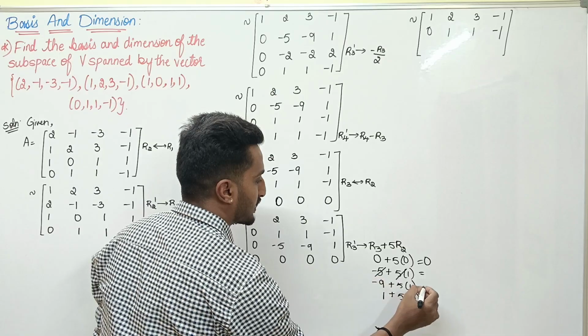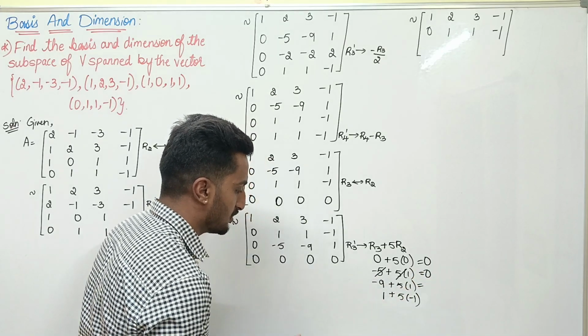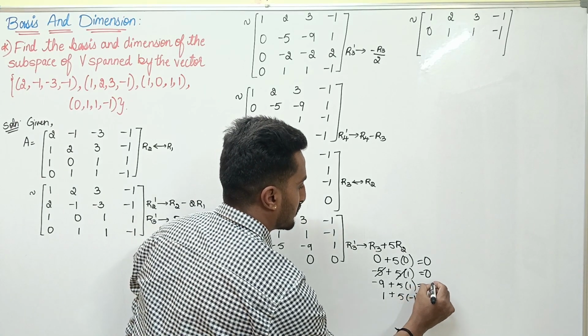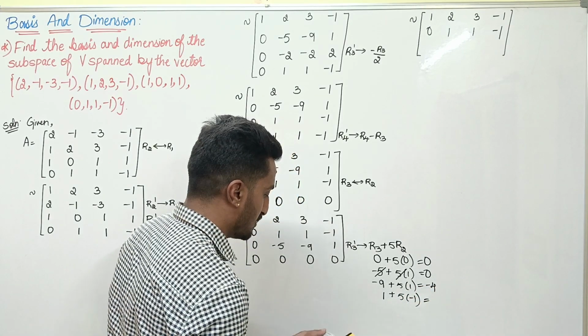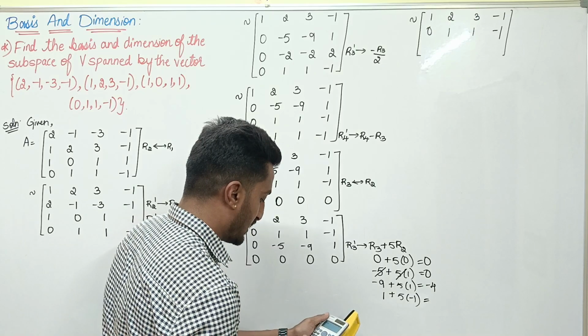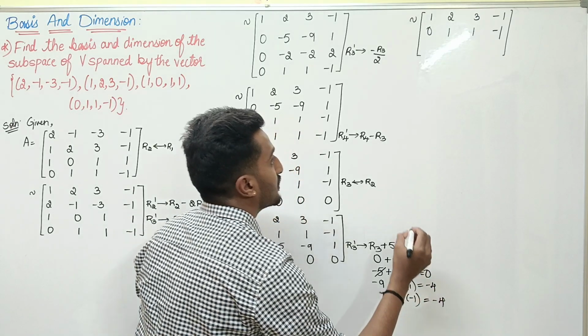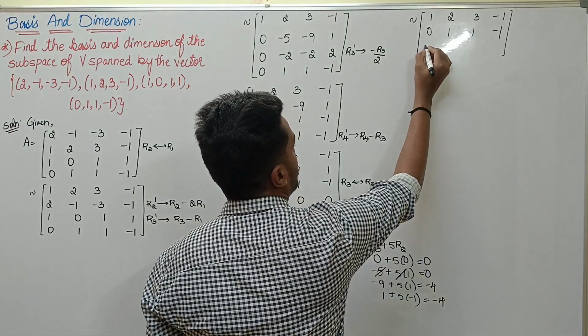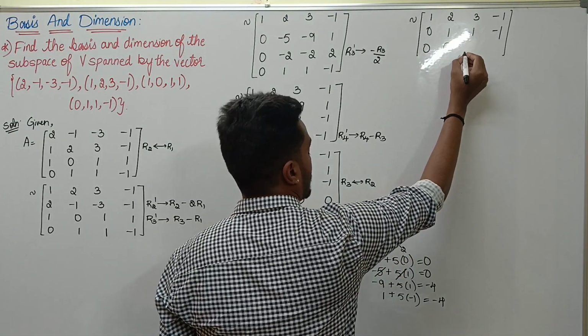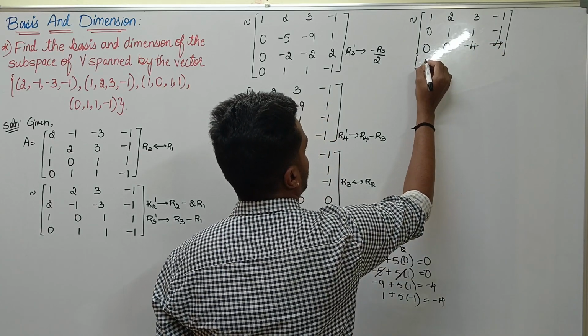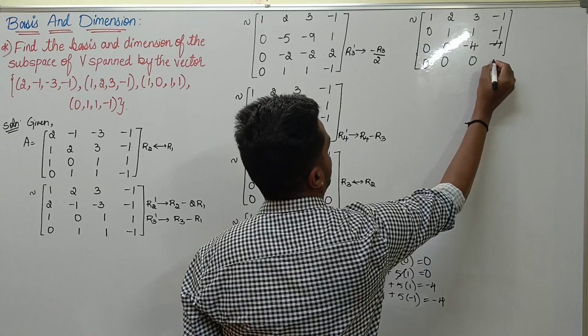Minus 5 plus 5 gets cancelled, 0. Next we have minus 9 plus 5 into 1, you get minus 4. Last we have 1 plus 5 into minus 1, you get minus 4. Then what you are going to get? 0, 0, minus 4, minus 4. Last row will be 0 as usual, 0, 0.